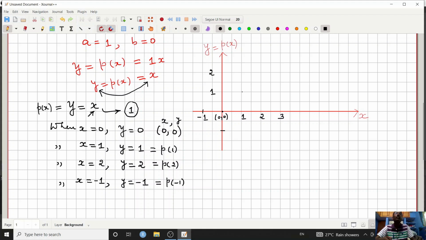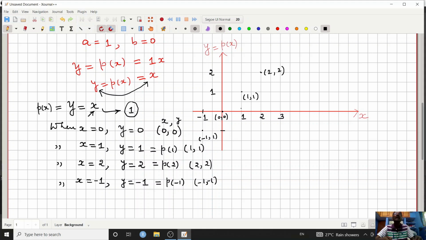Now this point is 1, 1, right? Then here it is 2, 2, and here it is minus 1, minus 1. X value is minus 1, y is also minus 1. So the next point is 2, 2. You can keep on giving values like this, and the next point is minus 1, 1.